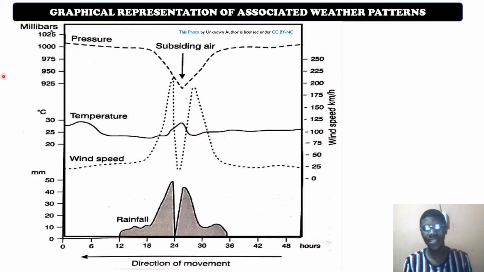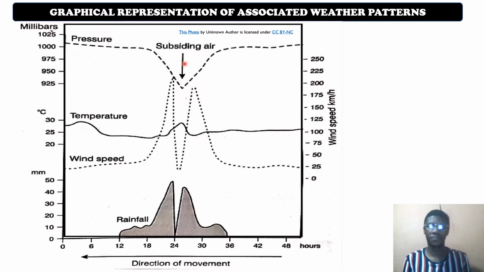Cold air always sinks, always descends, always subsides. And as this cold air is sinking, what does it do? It warms up adiabatically. And that's why in the temperature section, our temperature is shooting up or increasing in that section of the graph. So it's something very important to think about.